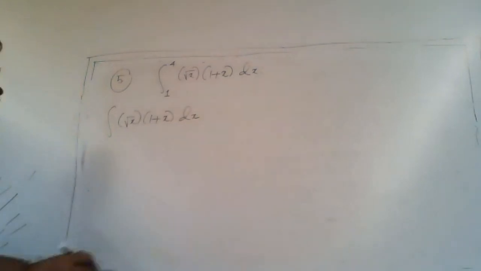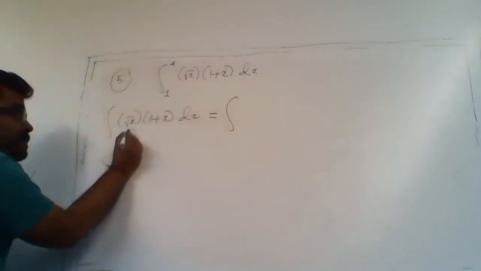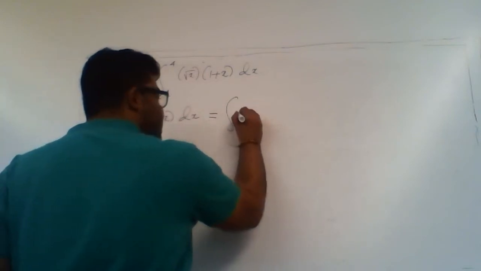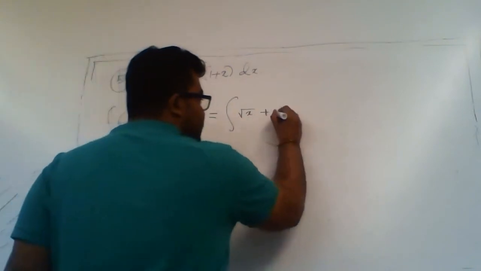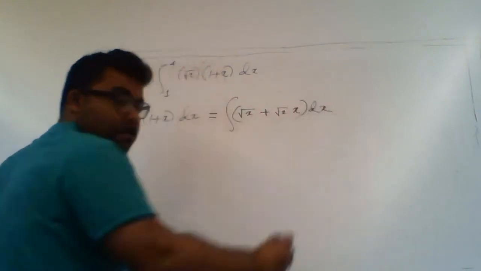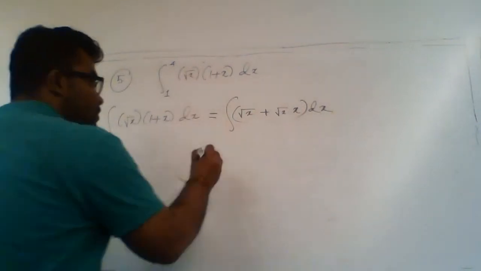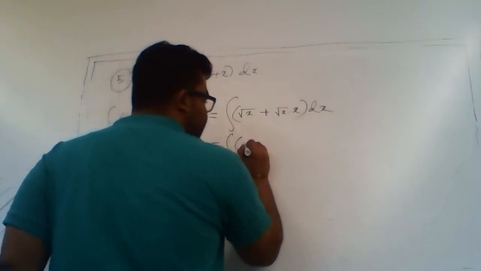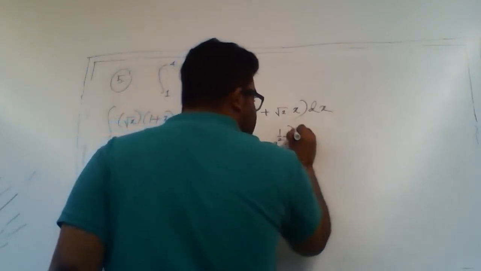This is equal to, you multiply square root of x times 1 gives you square root of x, plus square root of x times x, so it is square root of x times x dx. This is equal to square root of x plus x to the power half plus 1 dx.